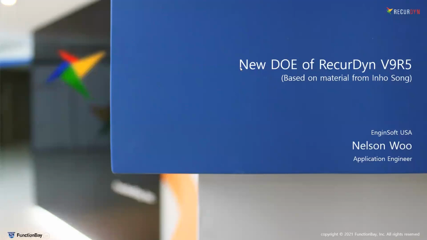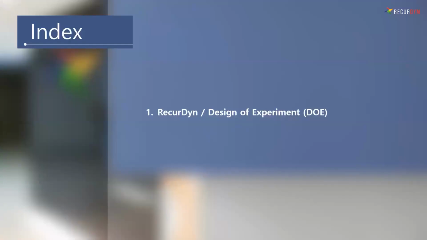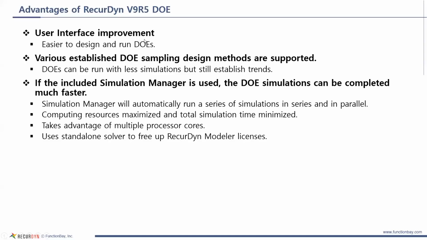I'm going to go over the new DOE capability in RecurDyn V9R5. Some of the upfront advantages of this new DOE capability are that there have been some nice improvements to the user interface to increase the usability of the DOE capability.